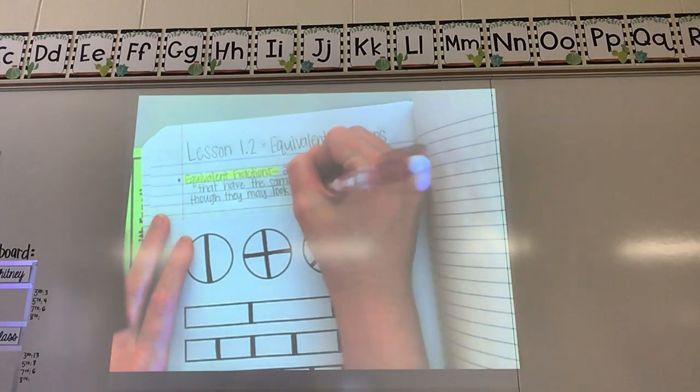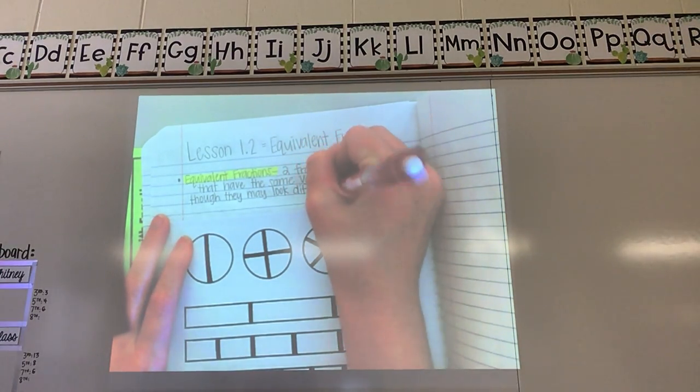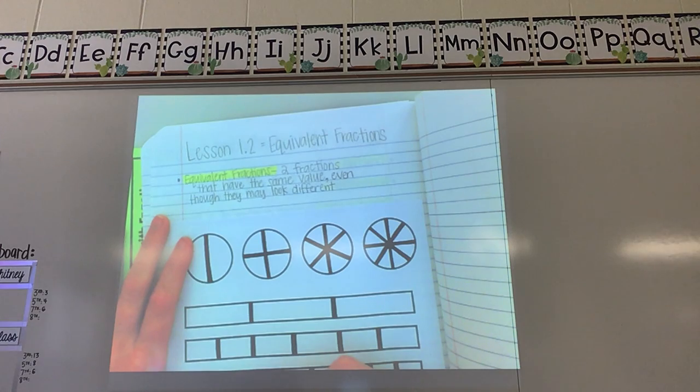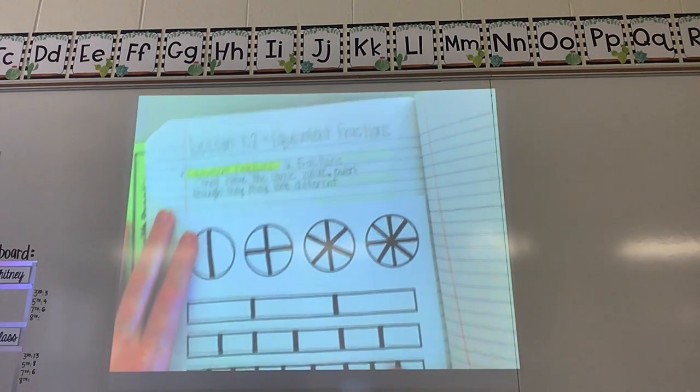So equivalent fractions are two fractions that may look different than each other, but they have the same value. So let's look at some and see what we're talking about here.